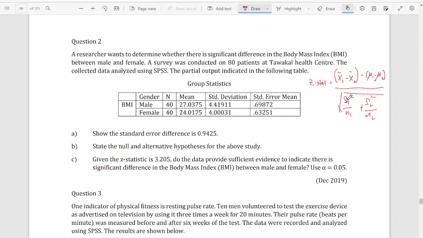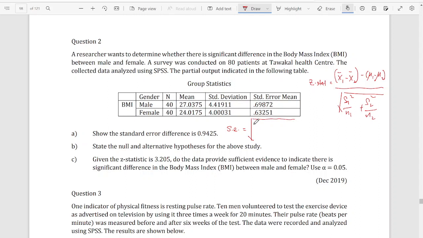So this is the standard error. Okay, standard error. So that means this will show the standard error difference is 0.9425. So kita tunjukkan yang bawah ni sama juga dengan 0.9425.